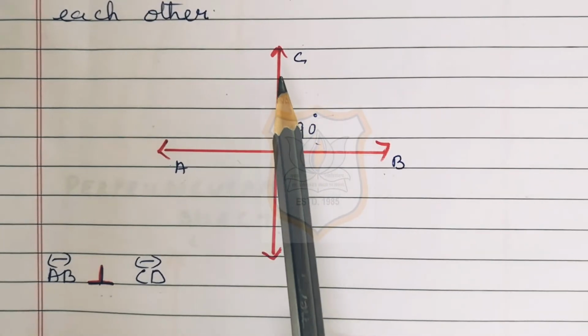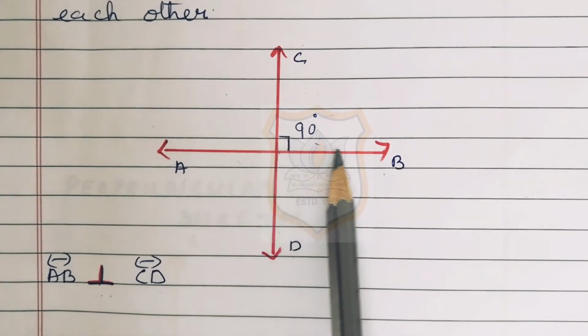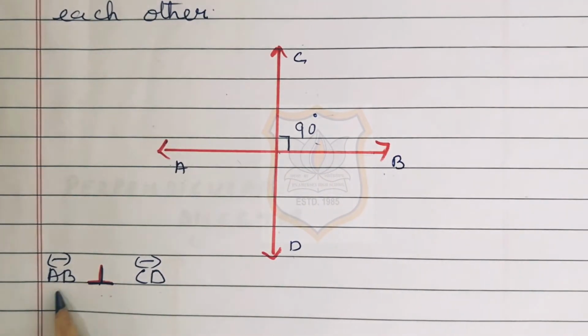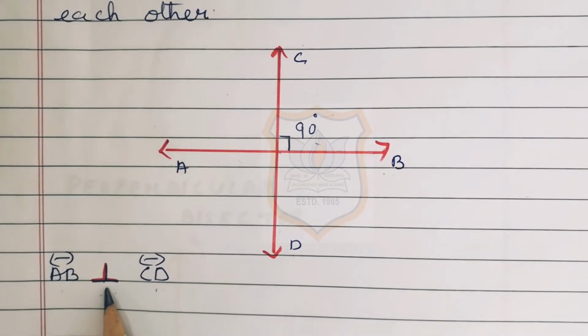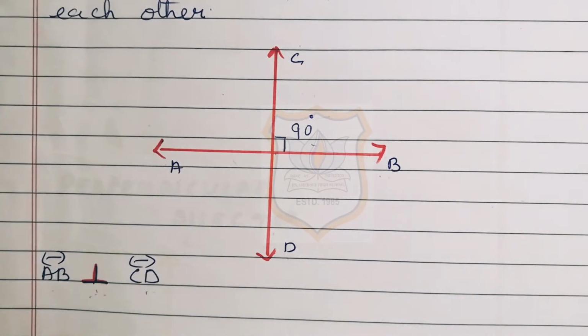If we measure, we will get that the measure of this angle is 90 degrees. So we can say that line AB is perpendicular to line CD. The symbol of perpendicular is this. There are many examples of perpendicular lines in everyday life, including a football field and train tracks.